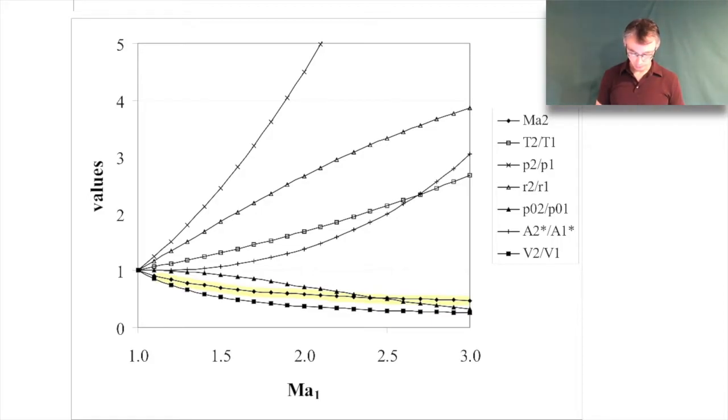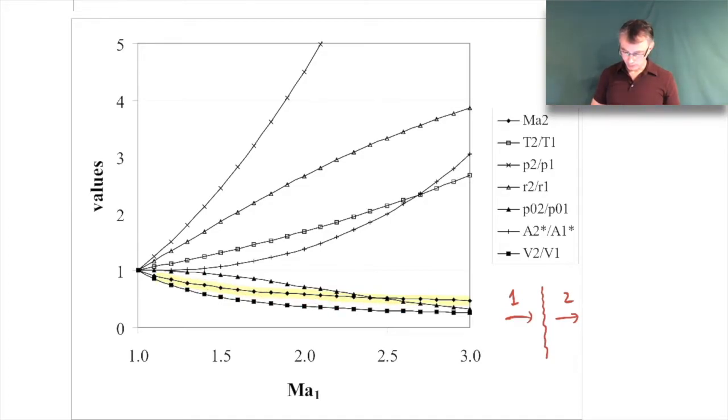That's why I'm only showing supersonic Mach numbers. Let me remind you, here's our shock wave. This is the upstream side, that's side 1, and side 2 is the downstream side. The downstream Mach number is all subsonic. So shock waves only form in supersonic flows, and when the flow goes through the shock wave, the downstream flow is subsonic. Okay, you can see that here.